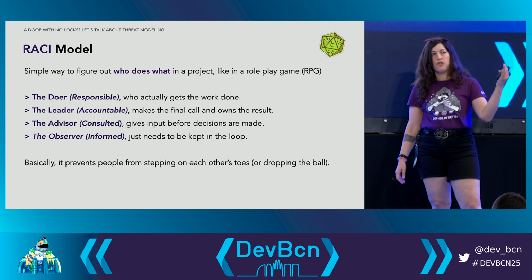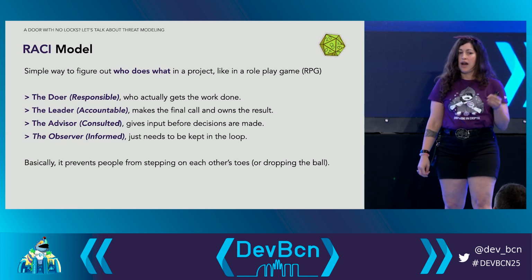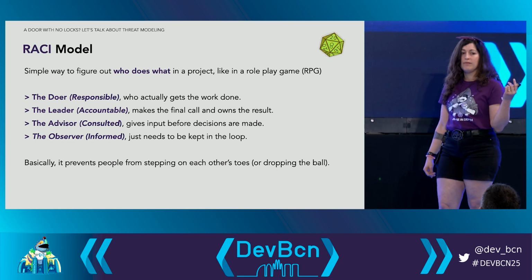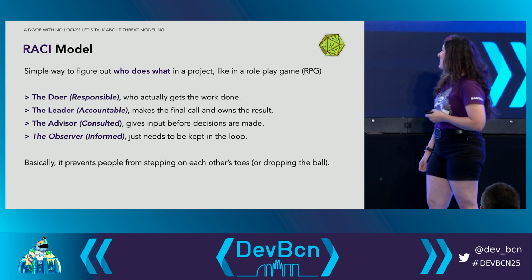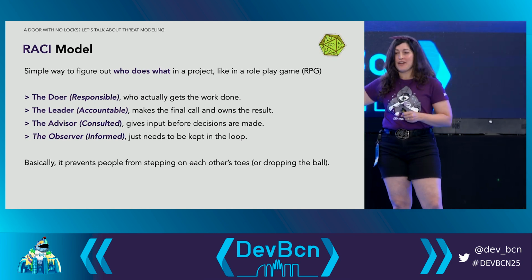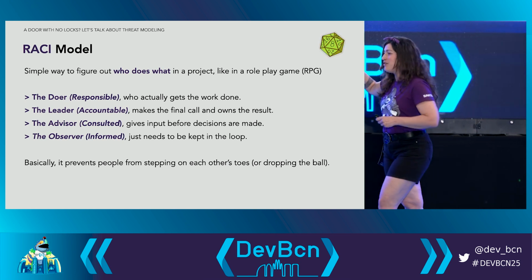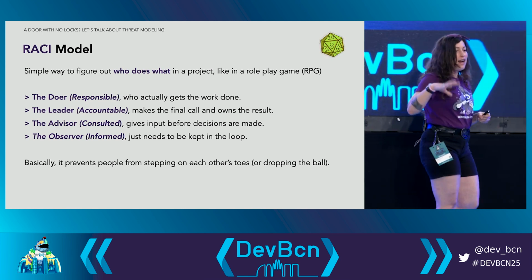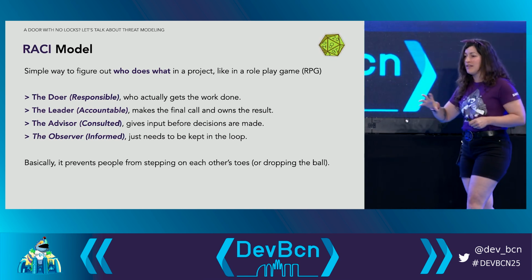OK, so how do you organize this work? Hands up if you know what a RACI chart is. One hand. OK, nice. This is a way of ensuring that nobody drops the ball and nobody steps on each other's toes. It's an acronym for responsible, accountable, consulted, and informed.